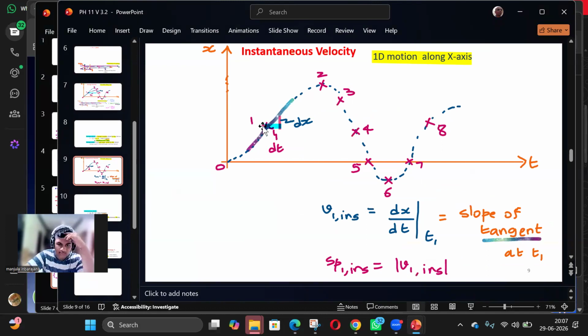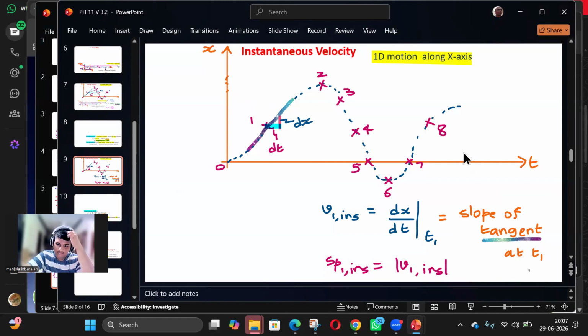If you want to find the instantaneous velocity at t1, I should take a very, very small interval of length dt, and the corresponding displacement will be dx. So this is dx by dt. This line will become a tangent at this point because this dt is very, very small. So instantaneous velocity is the slope of the tangent at that particular time instant of the xt curve.